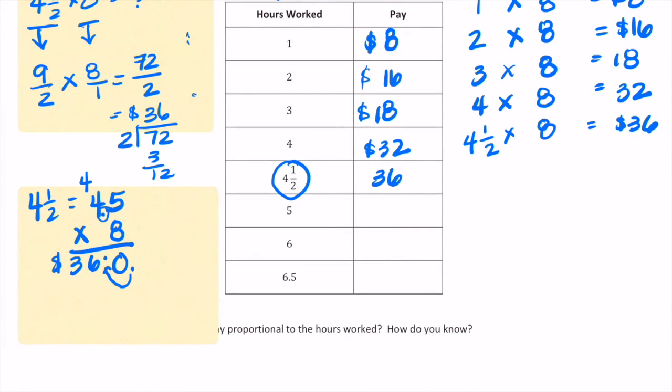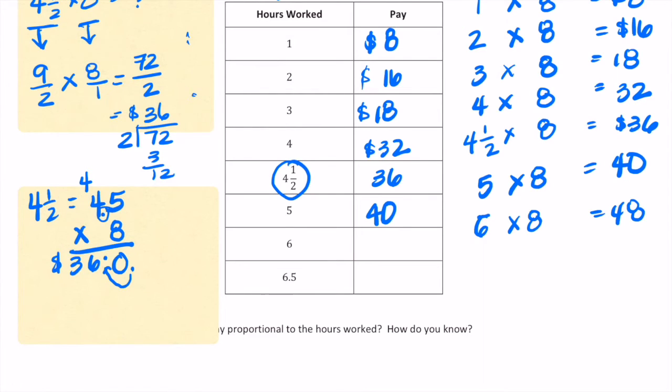We also know that 5 times 8 is 40. Which is great because if we didn't know how to come up with the answer for 4.5, we just know that 36 is between 32 and 40. And 6 times 8 is 48.